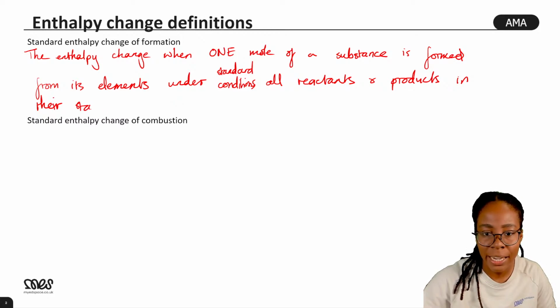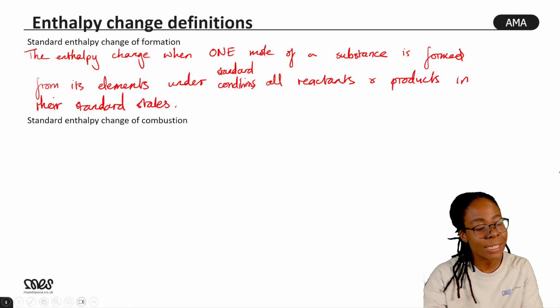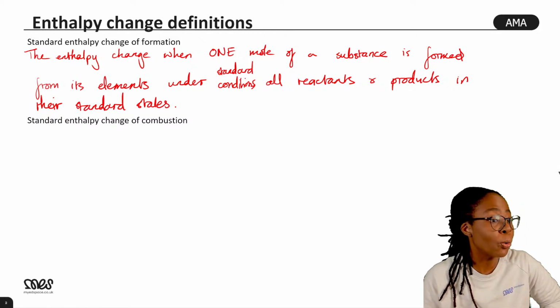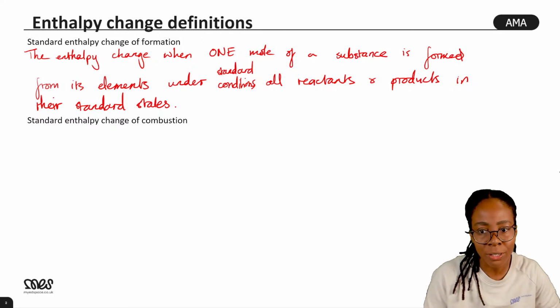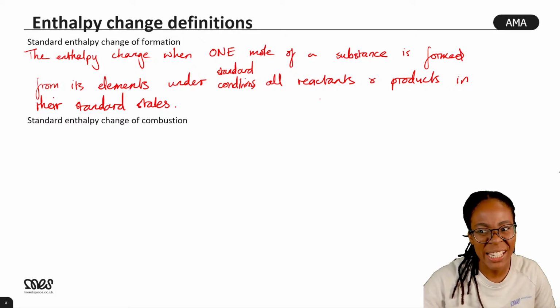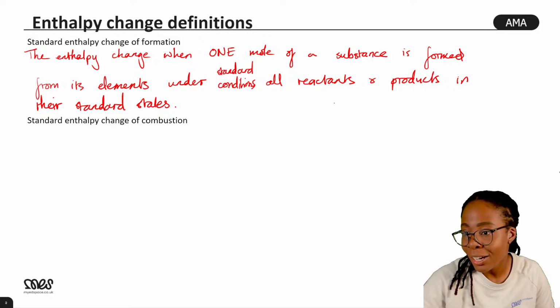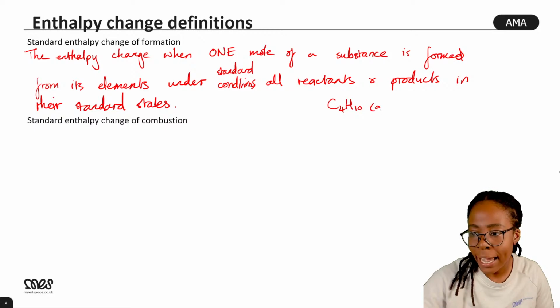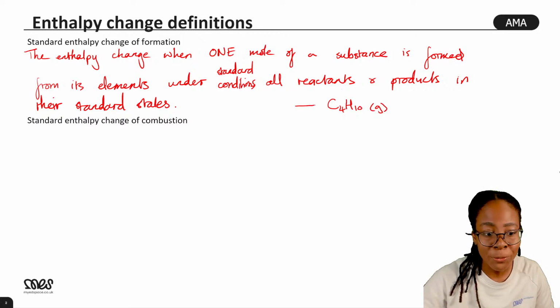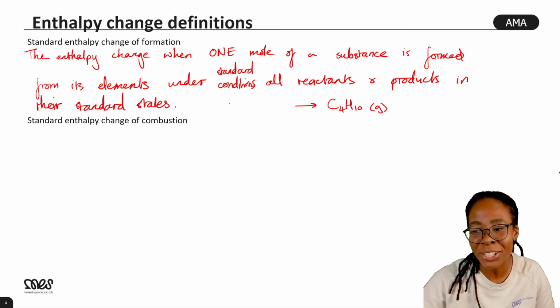In their standard states. So for example, if we wanted to write the equation for the standard enthalpy change of formation for, I don't know, you can give me your favorite compound. Let's keep it simple. Let's say butane. So we'd be making 1 mole of butane, which is a gas. And that would be formed, sorry, Chinwendu, NH3 is a good one too.